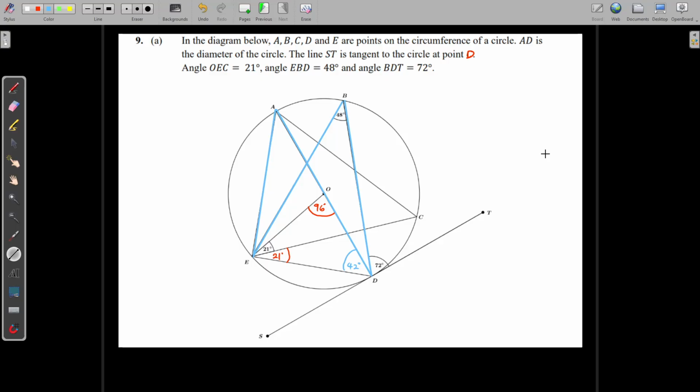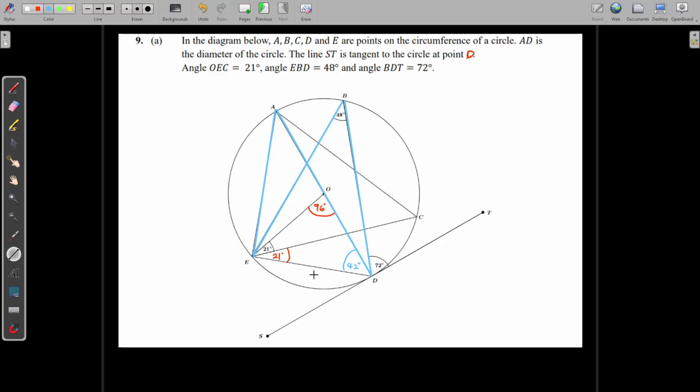Alternate segment. Alternate what? I don't know the law there. Alternate segment. So is it the one that the angles on the same chord that touches the circumference are equal? Yes, so it's that one.